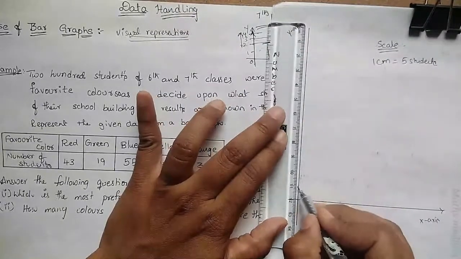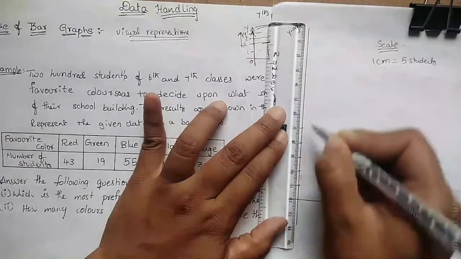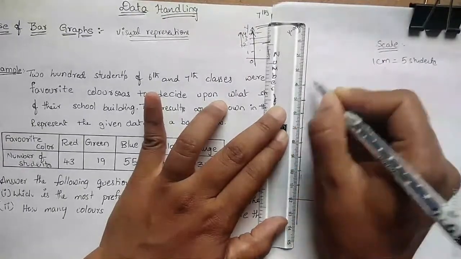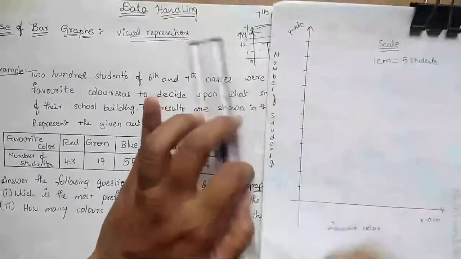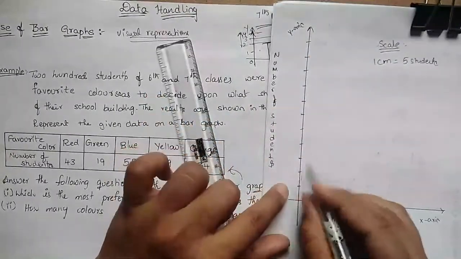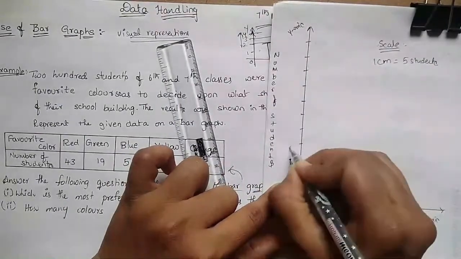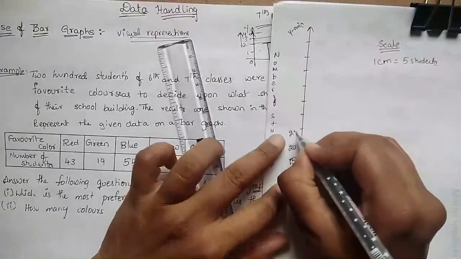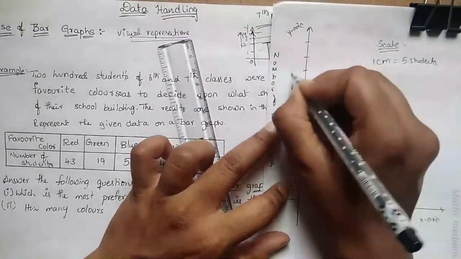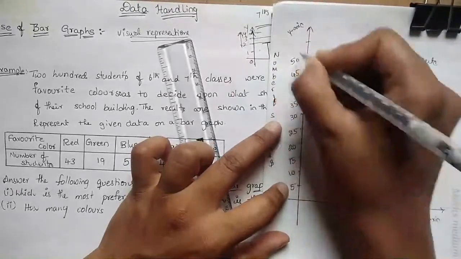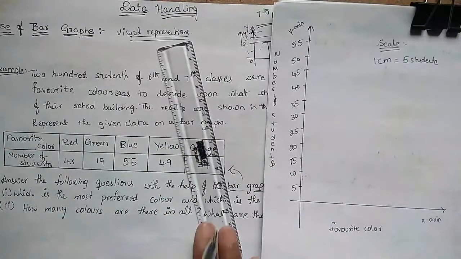Start from each centimeter, like 1, 2, 3, 4, 5, 6, 7, 8, 9, 10, 11. Now this was 5, 10, 15, 20, 25, 30, 35, 40, 45, 50 and 55. So this was the given.